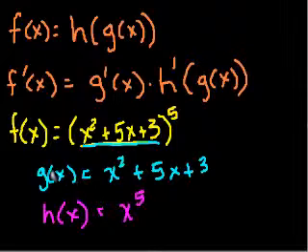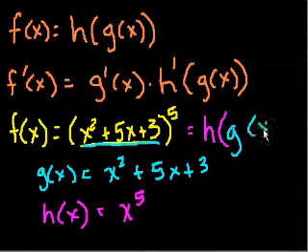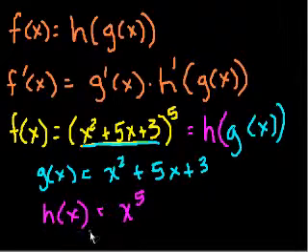I think that makes sense, right? If you take this entire expression and you substitute x here for this entire expression, you get this expression, right? And this shows that this is equal to h of g of x, right? If you just take this blue part and substitute for x, you get this entire expression.